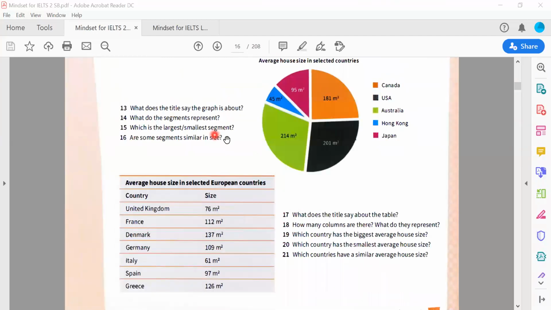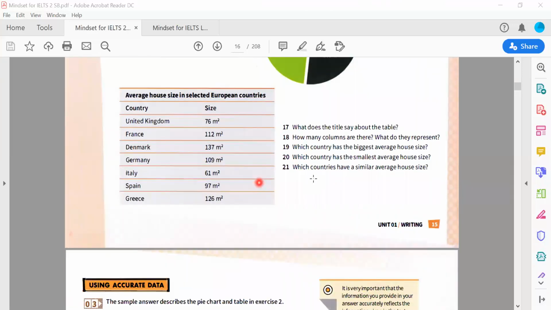And then this one is a bit easy. How many columns are there? What do they represent in this one? 2 columns. Okay, and what do they represent?